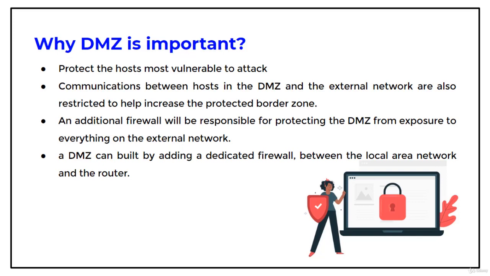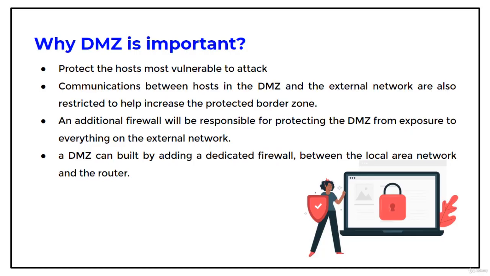So, on a home network, a DMZ can be built by adding a dedicated firewall between the local area network and the router. While more expensive, this structure better protects the inside devices from sophisticated attacks by outsiders.